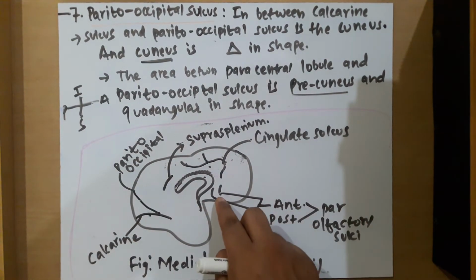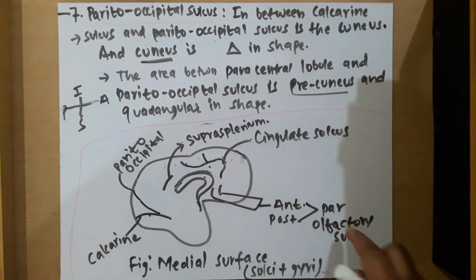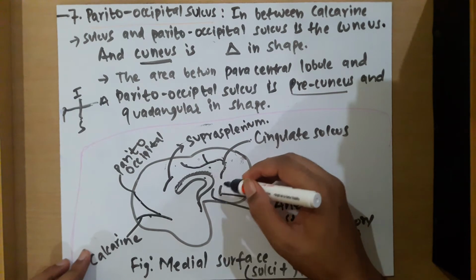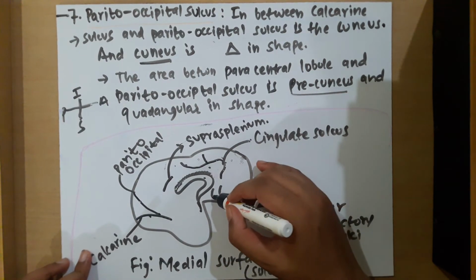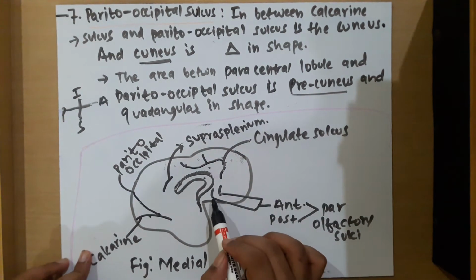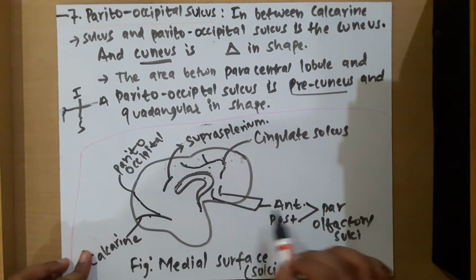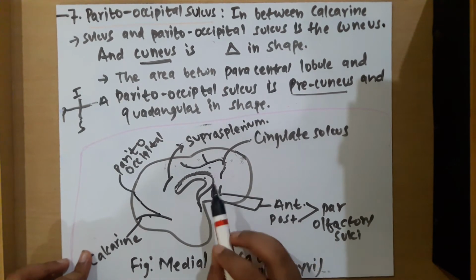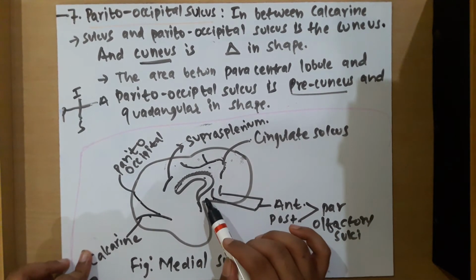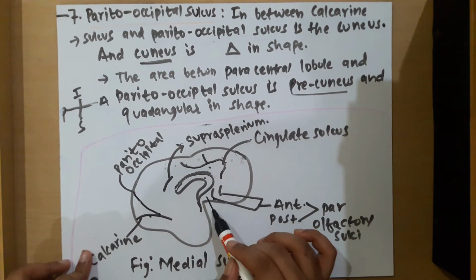Okay, so in between the anterior and posterior parolfactory sulcus is the parolfactory gyrus. This is the parolfactory gyrus, and behind the posterior olfactory sulcus is the paraterminal gyrus.